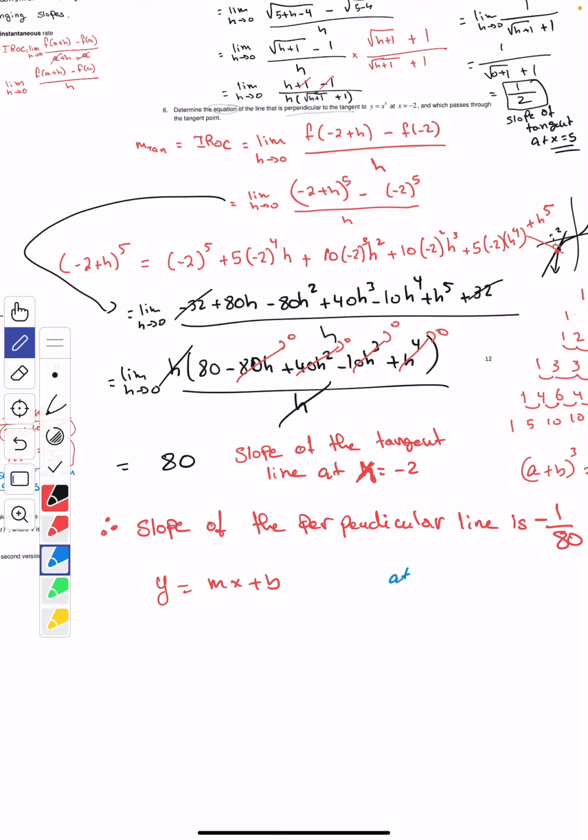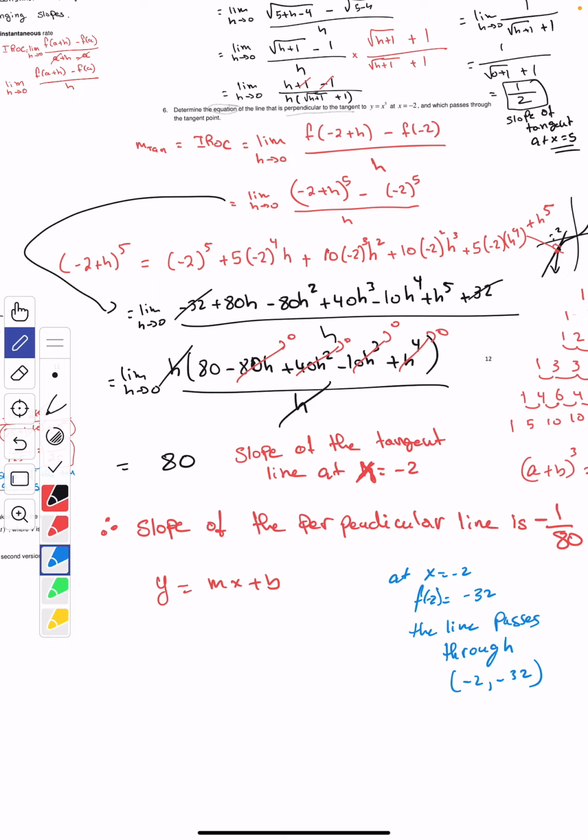At x equals negative 2, f of negative 2 is negative 32. So the line passes through the point negative 2, negative 32, and I'm going to use that to find my y-intercept.